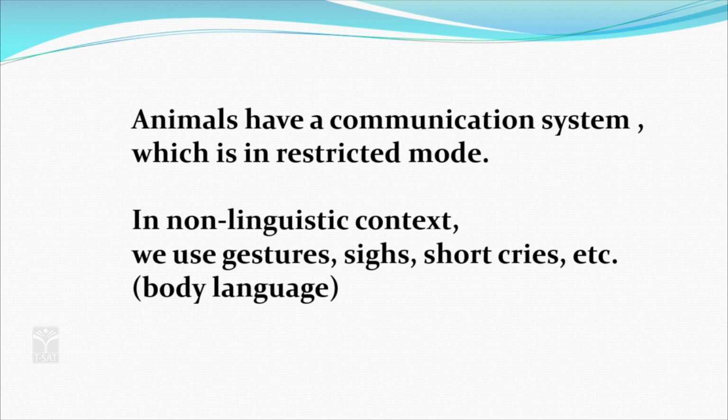But here at this point, what do we mean by human language and what are the characteristics of human language? Here they are. These are the features of human language.